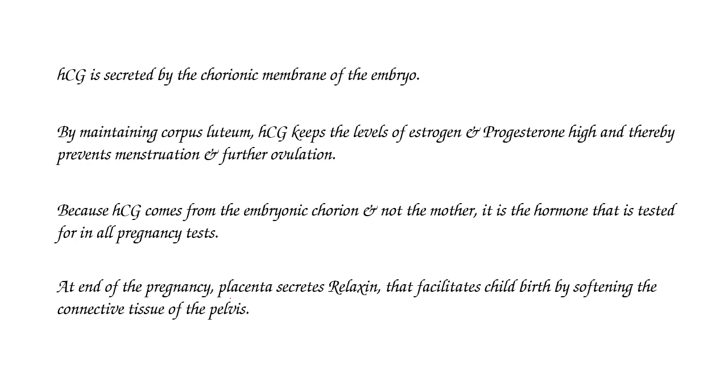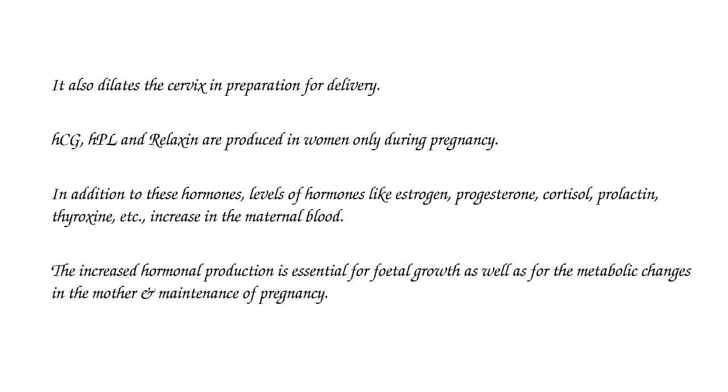As per the PU board examination, we need to mention that the ovary secretes relaxin at the end of pregnancy. So this facilitates childbirth by softening the connective tissue of the pelvis and the mouth of the uterus in preparation for delivery.